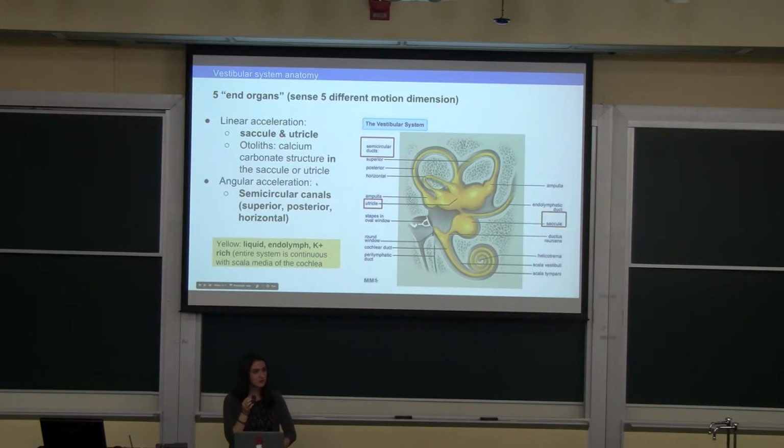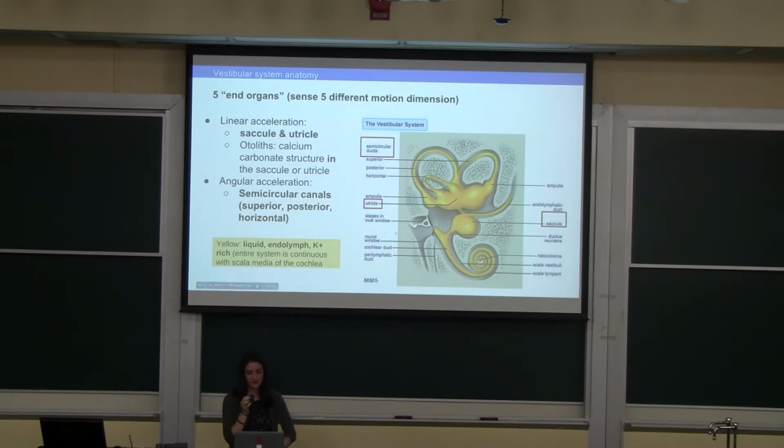It's composed of these little calcium carbonate stones, or little formations that are inside these elements and able to sense the acceleration. And that's functionally significant, like it couldn't do its function without the otoliths? Yes. Any other questions?